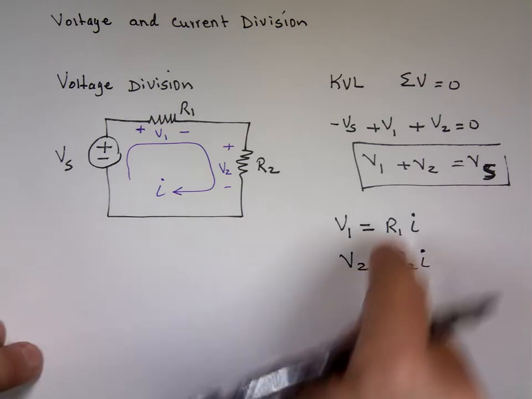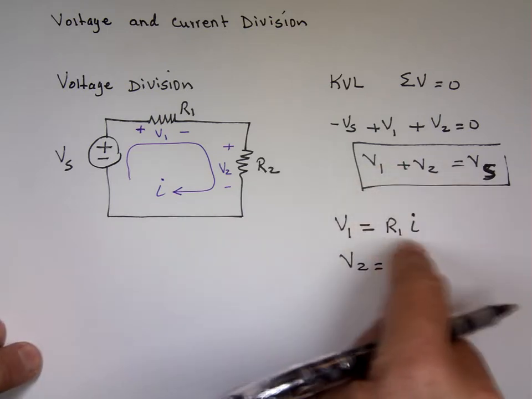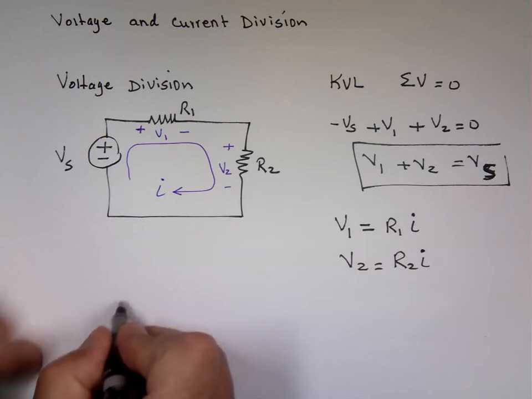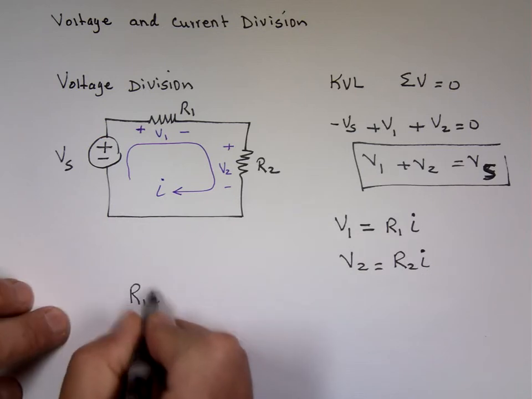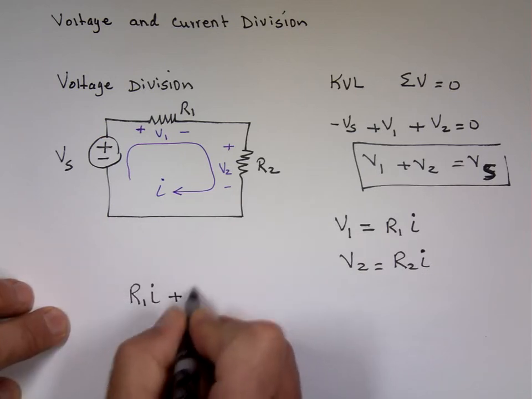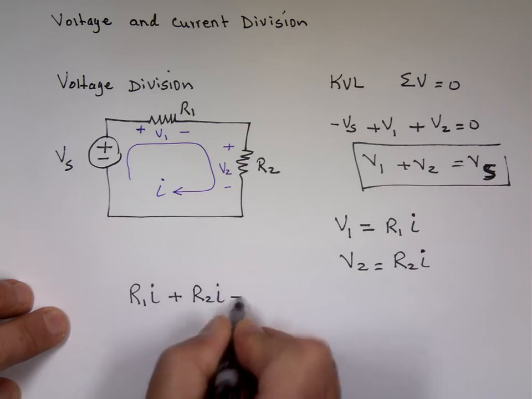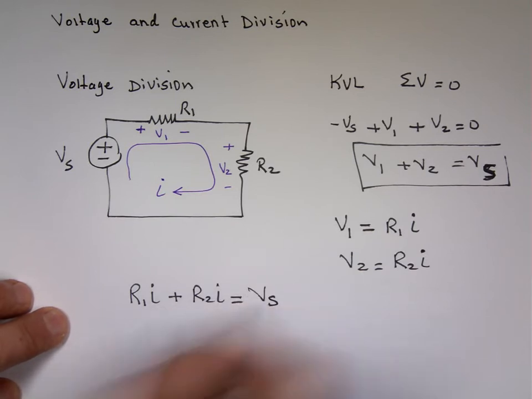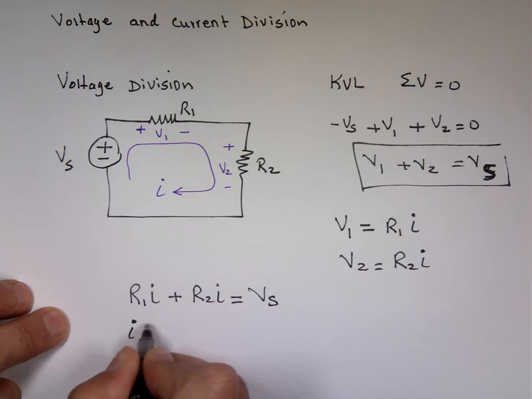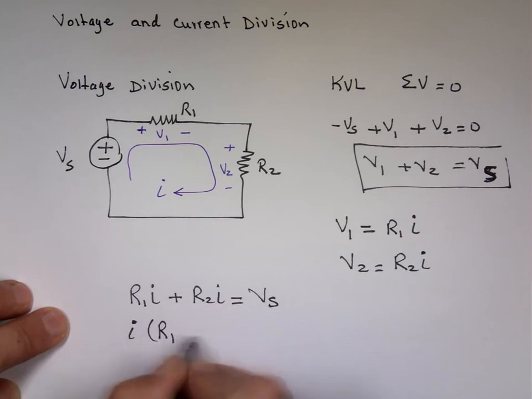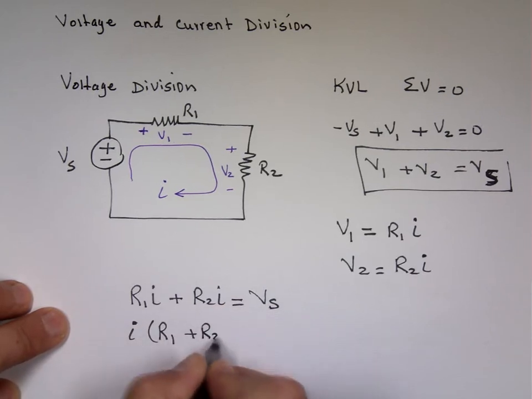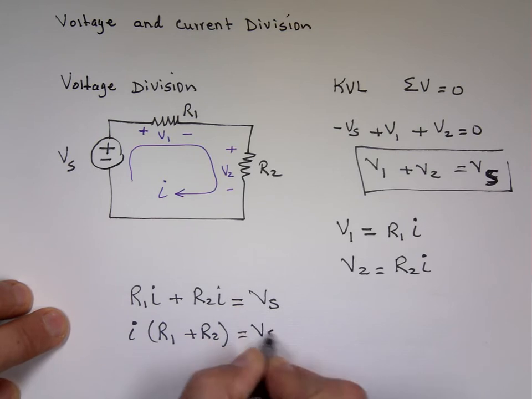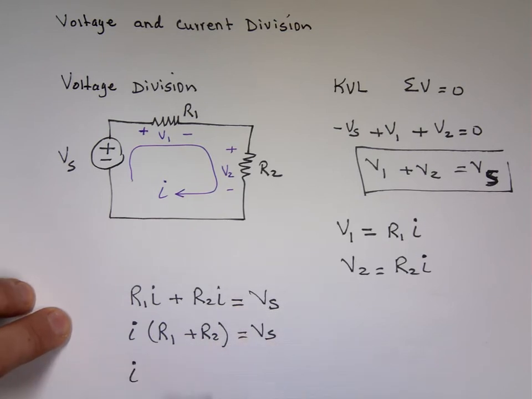So if I replace V1 and V2 in that equation by R1 I and R2 I, I get R1 I plus R2 I equals Vs. Factor the I out. And what's I equal to?